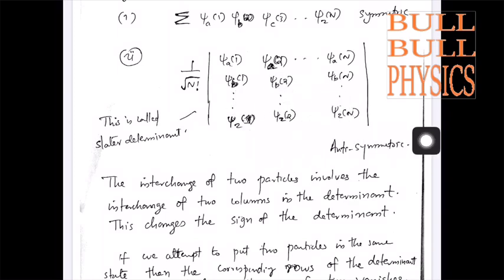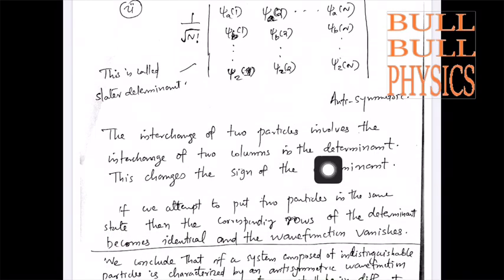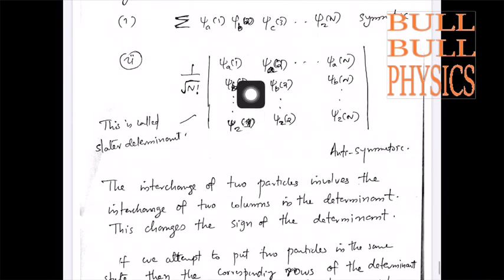So we will be interchanging the columns. The second particle will come here and the first particle will go here. So there will be an interchange of two columns in the determinant, and this changes the sign of the determinant. This property actually comes from the antisymmetric property of the wave function.